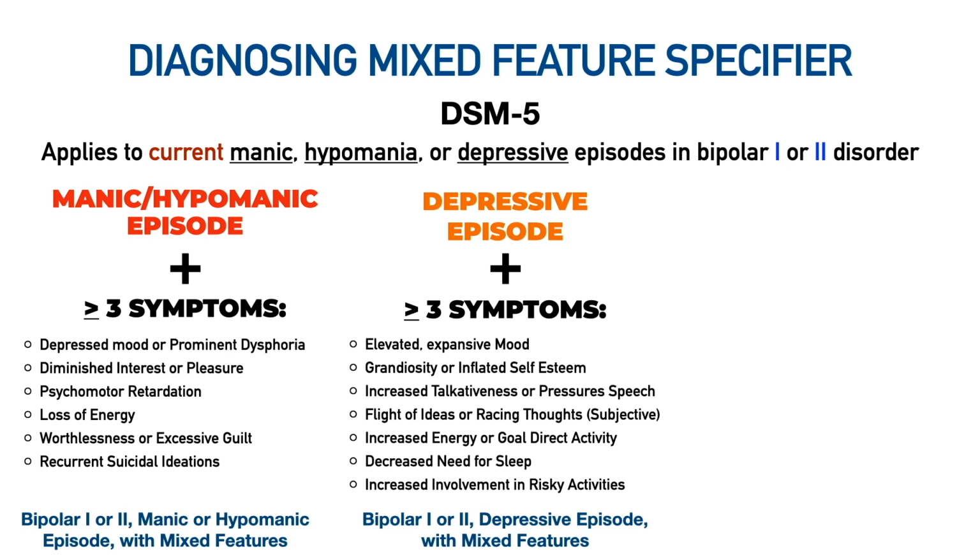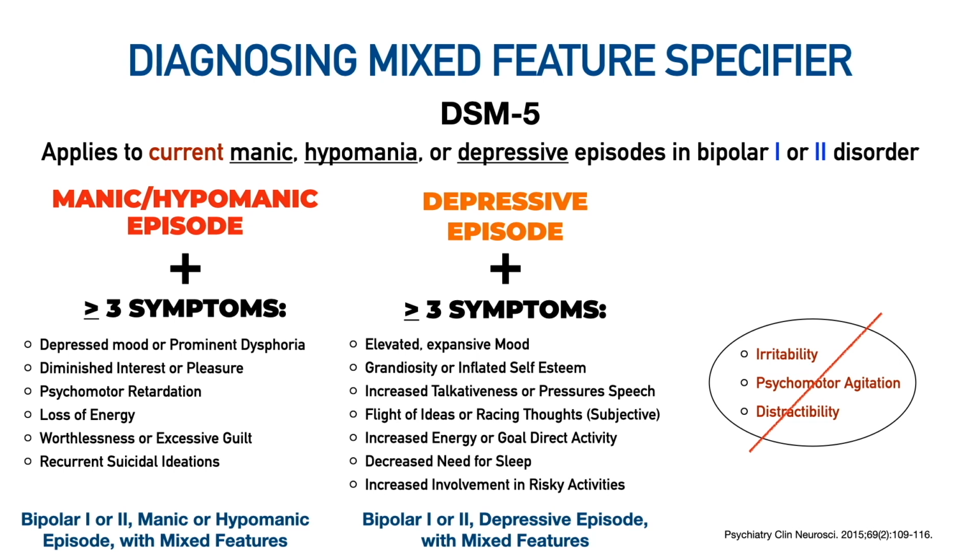Now you must have noticed one thing here. In these 7 symptoms, we don't have irritability, psychomotor agitation, or distractibility. The interesting thing is that these 3 are excluded from diagnosis making in the DSM-5 mixed feature criteria because they noted an extensive overlap of these symptoms with other disorders like anxiety disorders, and between mania and depression.